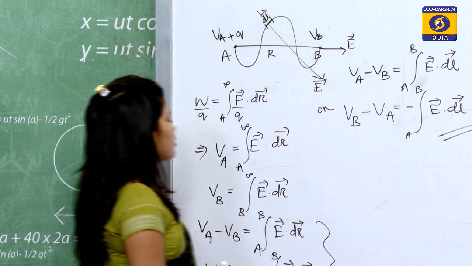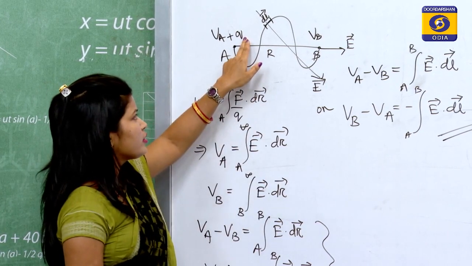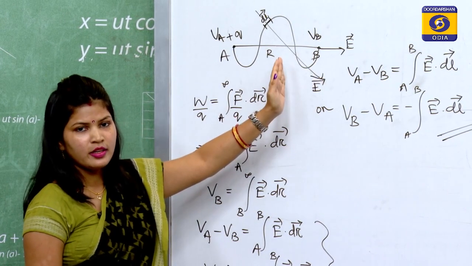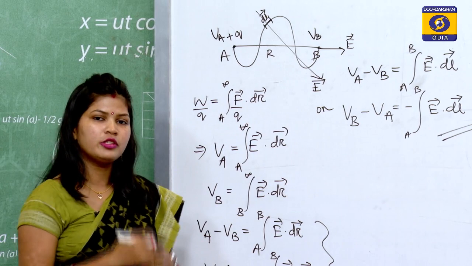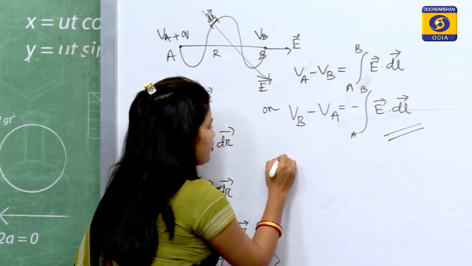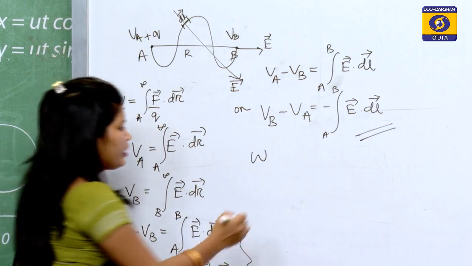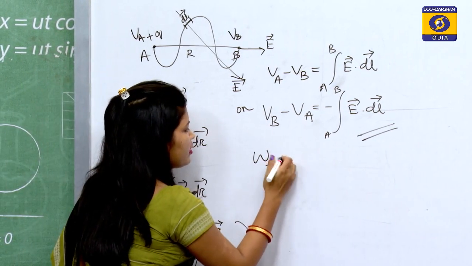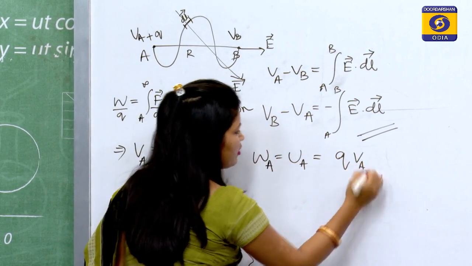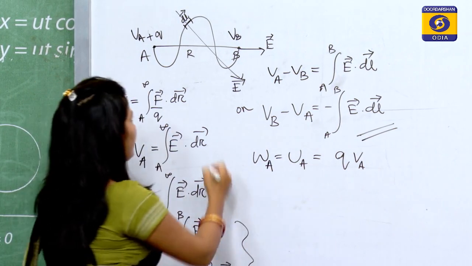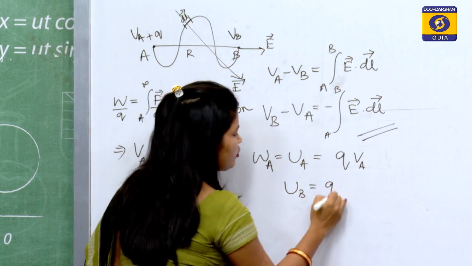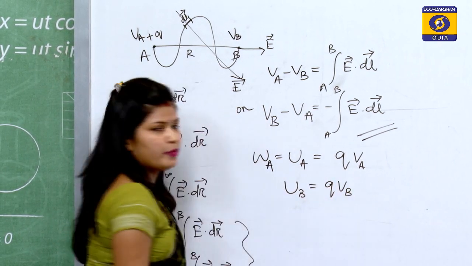So, when these charges go from A to B, that is from higher potential to lower potential, some energy will be released. How much energy? The work done or the energy to get to A is equal to Q into VA, and the work done or the energy to get to B is equal to Q into VB.